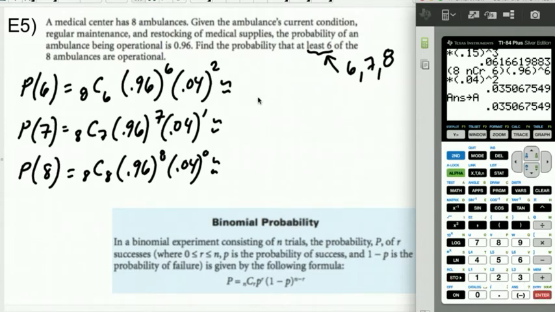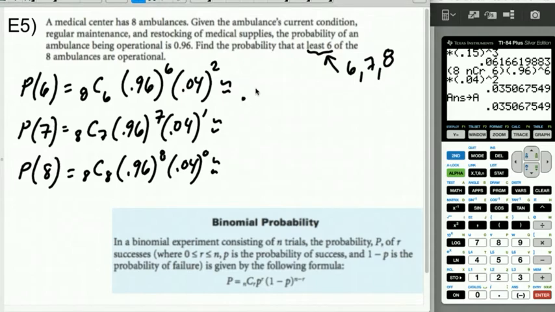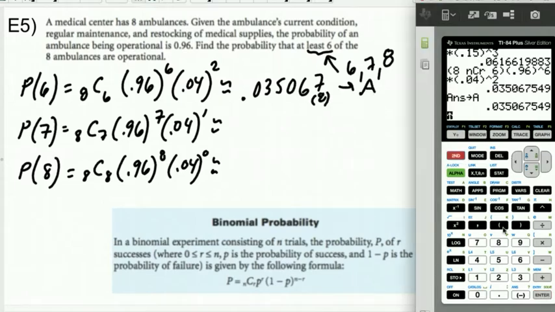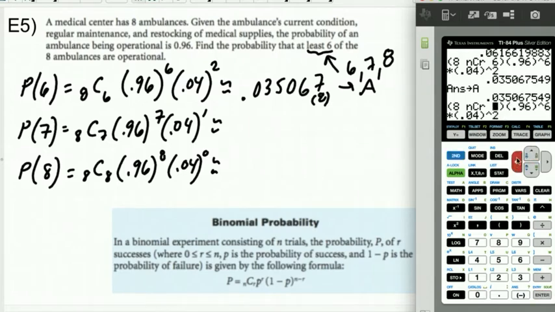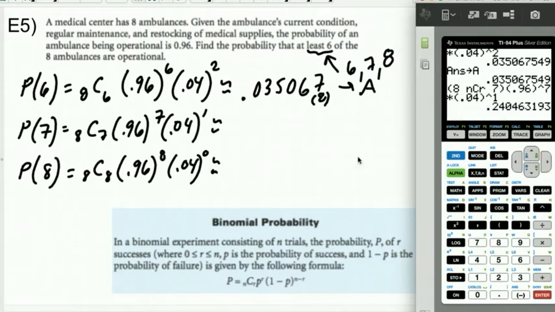So I'm going to say, hey, cool, this is approximately a 0.03506, but I stored that as A, so I'm going to call that A. And then I'm going to go ahead and hit second enter twice because I want to get back up to that thing, and I'm going to change this to a 7 and a 7 and a 1, okay?